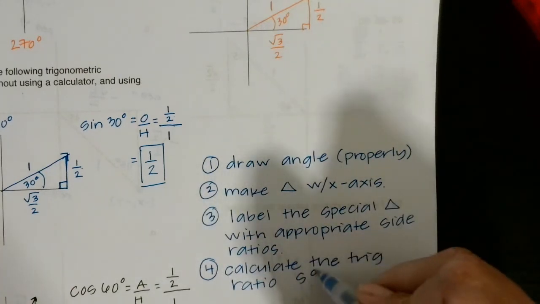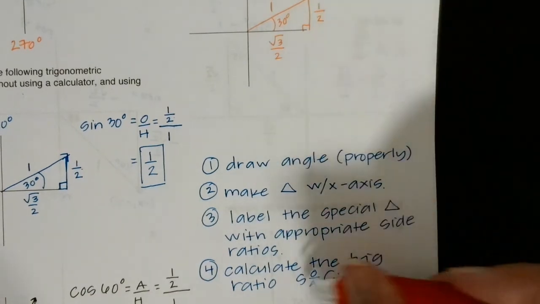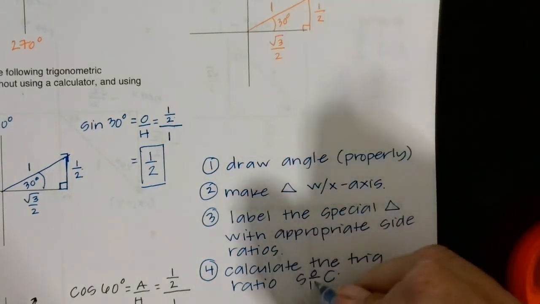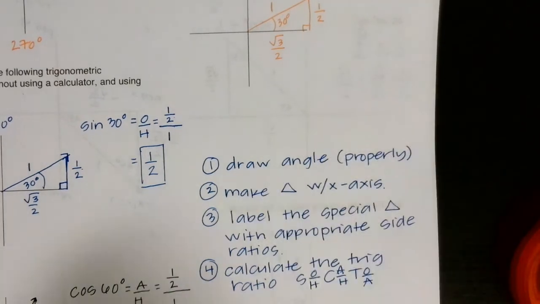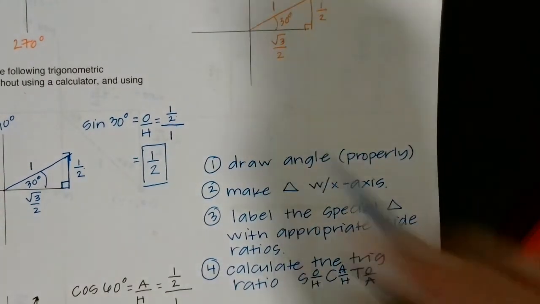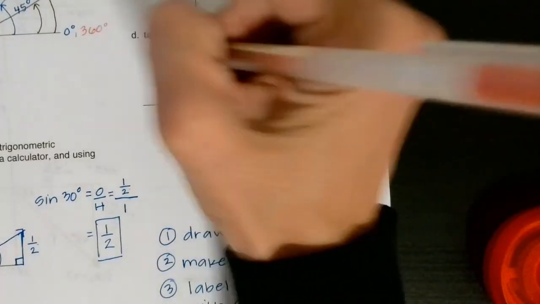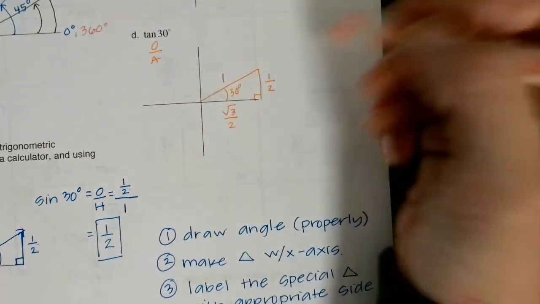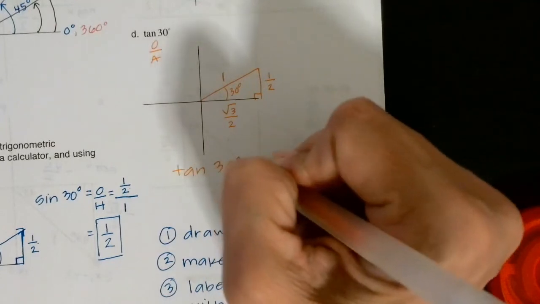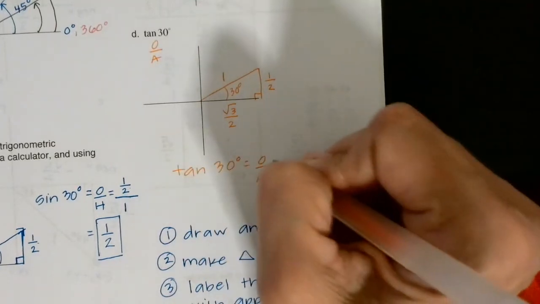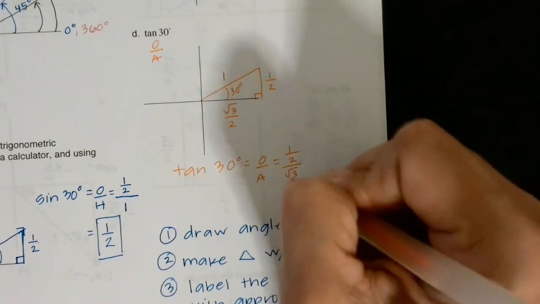So that's where you're going to do SOHCAHTOA, and in our problem, we're doing the TOA part, opposite over adjacent. So we have the tangent of 30 degrees equals opposite over adjacent, which equals 1/2 over root 3 over 2.